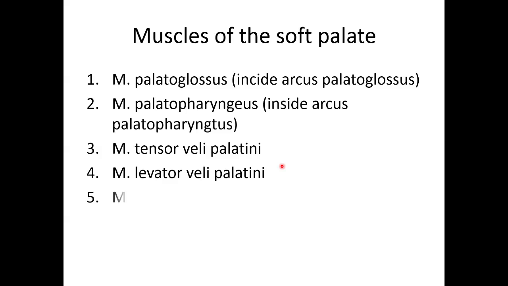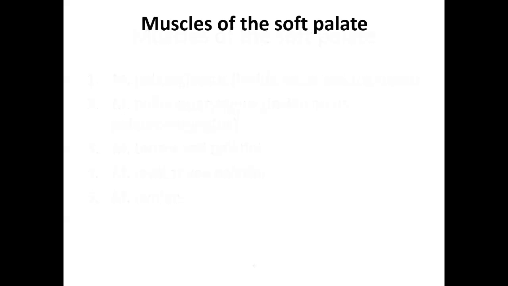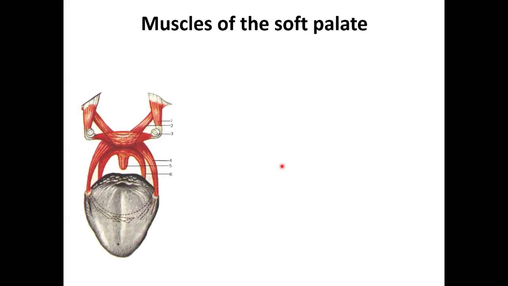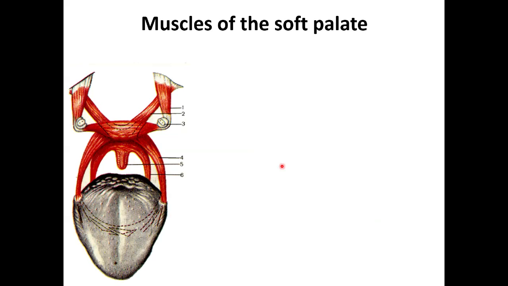And the last, number 5, musculus uvulae. So, 5 muscles. Now, we shall find them in a special picture which you can find in textbook of Sapin and textbooks of previous.